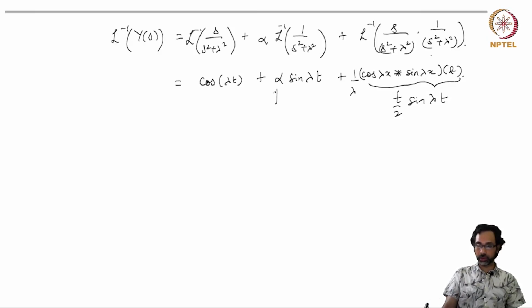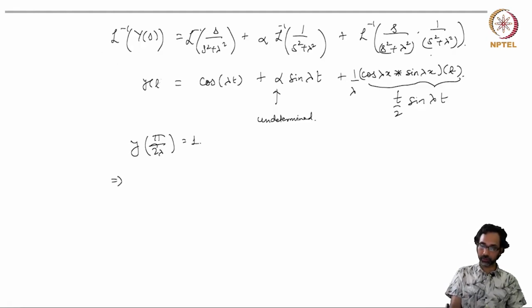So now alpha is still undetermined, so we will use the fact that y at pi by 2 lambda equals 1. This is our y(t). If you plug in this value pi by 2 lambda in this equation, you will get 1 on the left hand side.